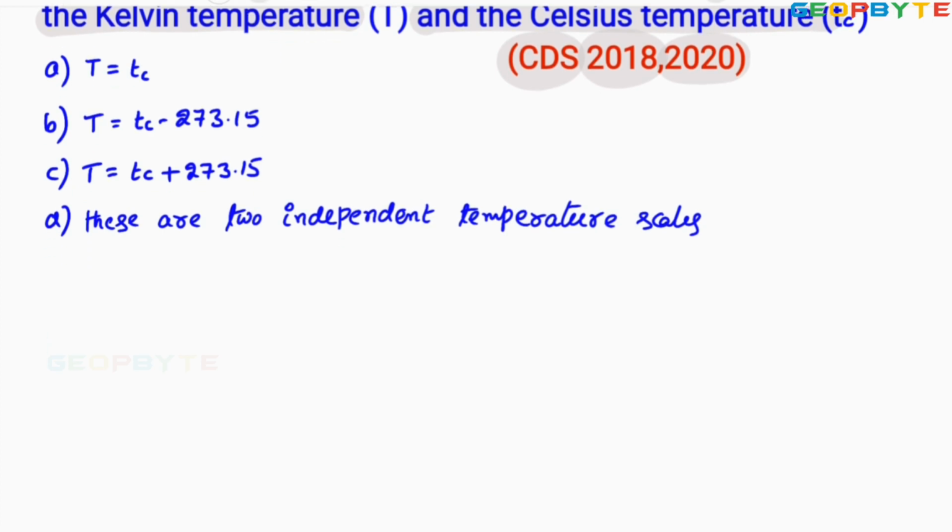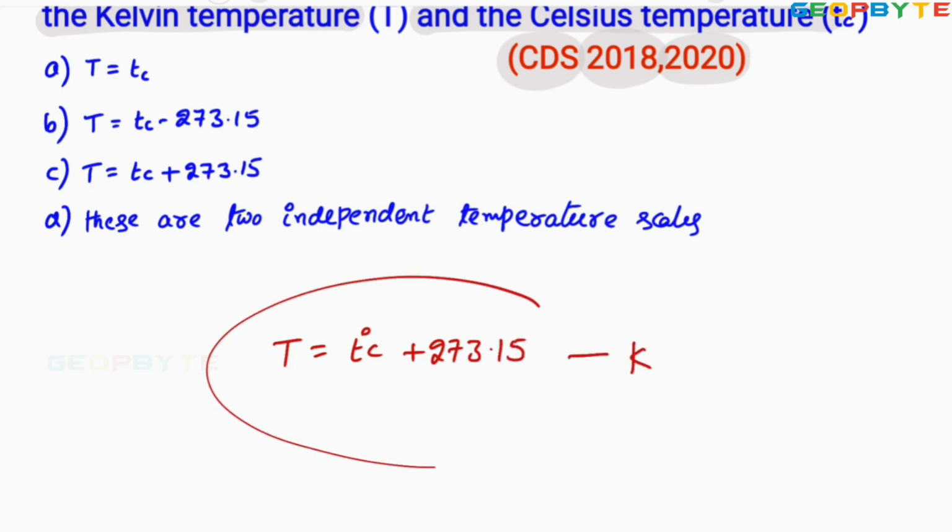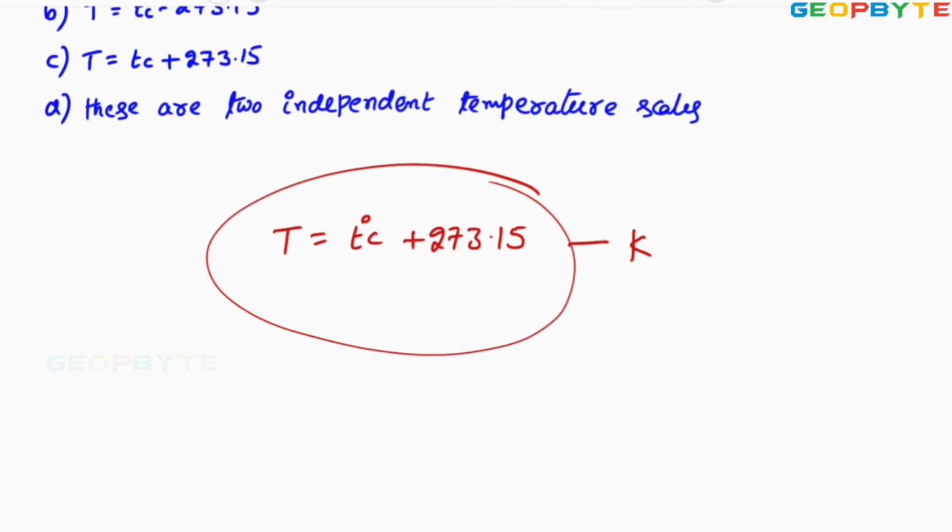Dear friends, remember absolute temperature capital T equals thermometer reading in degree centigrade plus 273.15, unit is Kelvin. This is the exact value, but roughly we are also writing absolute temperature equals thermometer reading in degree centigrade plus 273. So this is the approximate relation. This is the exact relation.